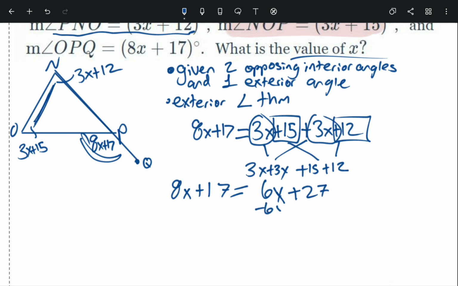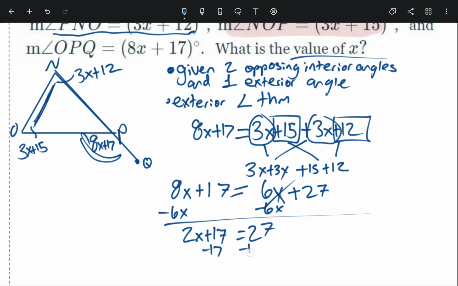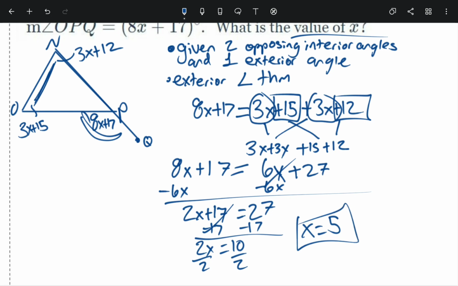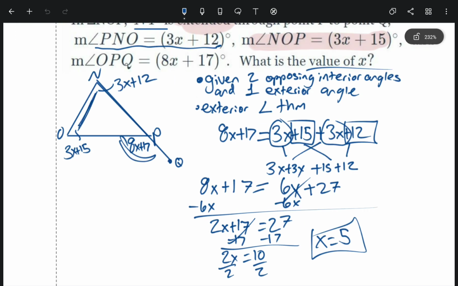Now I want to subtract 6x to the left side, so we have our variables all on one side. Now I'm going to subtract 17 from both sides to give us 2x equals 10. Divide both sides by 2, we get x equals 5. And we are done there because all we were looking for is x.